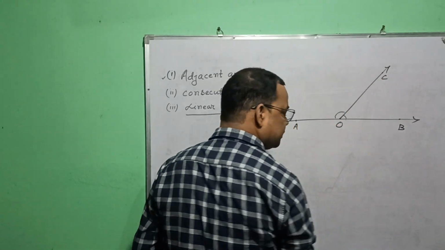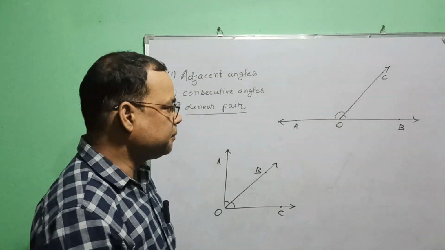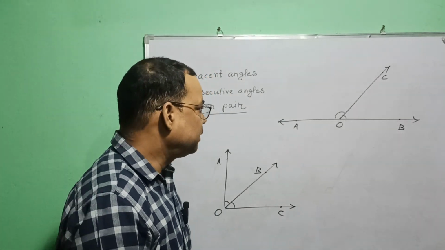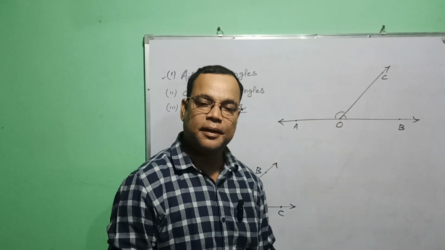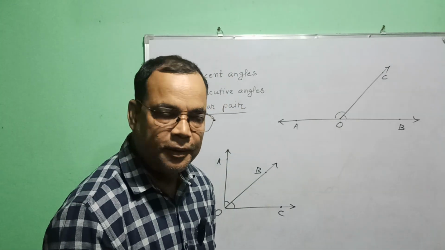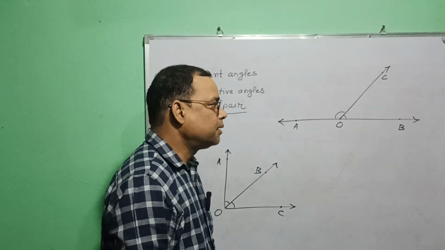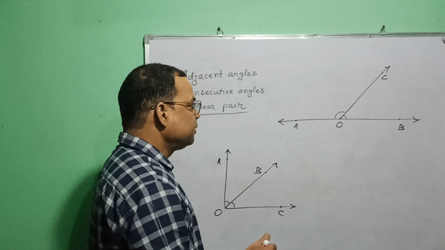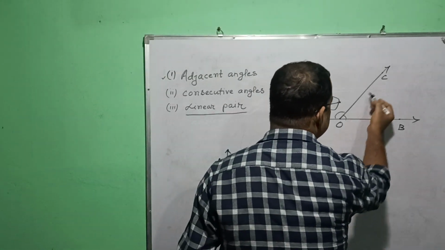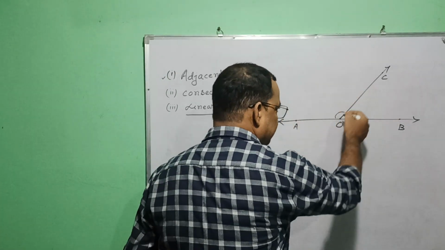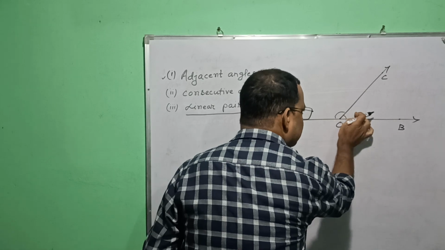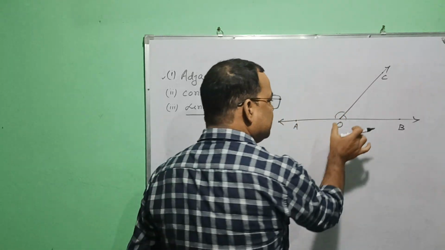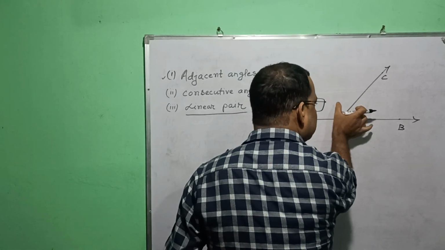We know the straight angle, which we also defined in my previous video. What is the measure of a straight angle? The measure of a straight angle is 180 degrees. You can see that this ray OC divides this straight angle into two angles.